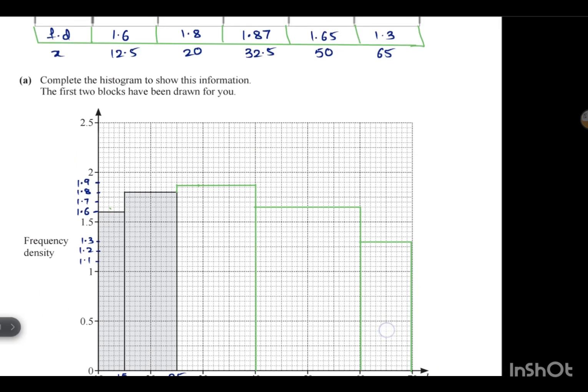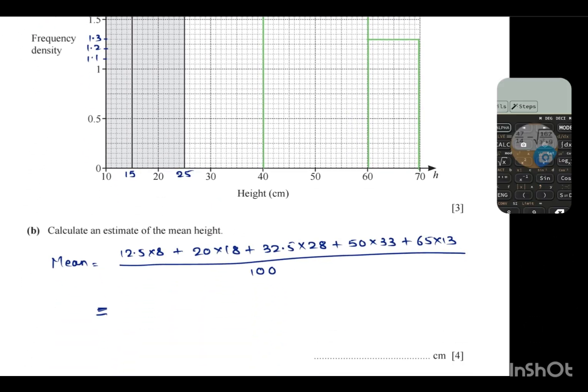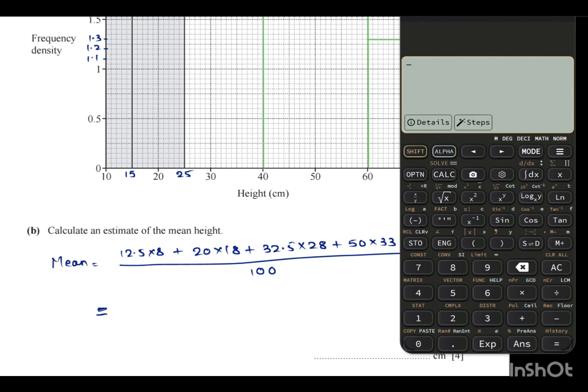So you have to divide by the total frequency. Use your calculators for this. 12.5 into 8 plus 20 into 18 plus 32.5 into 28 plus 50 into 33 plus 65 into 13, divided by 100, gives 38.65.